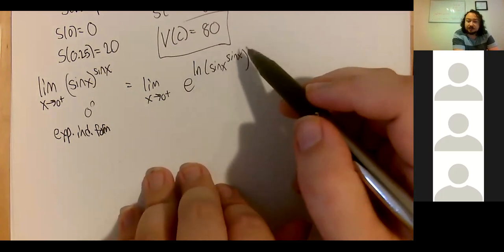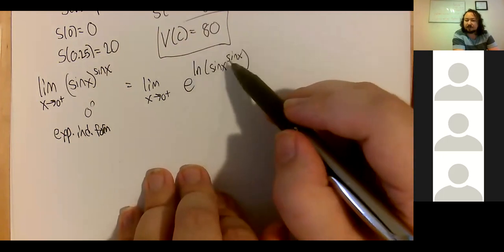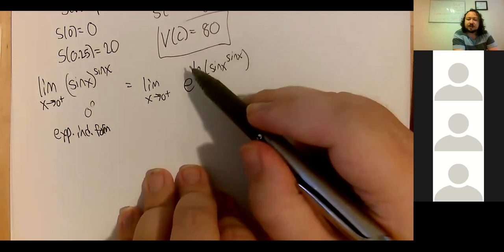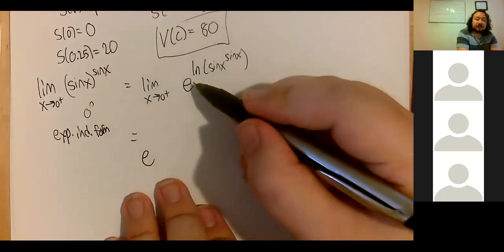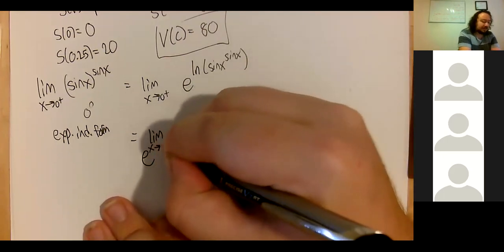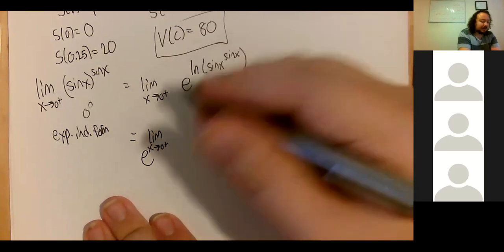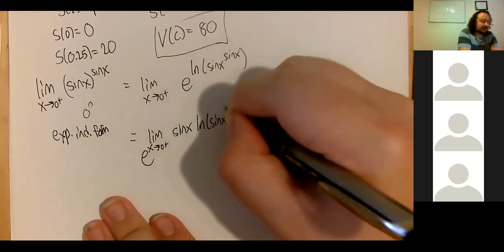The whole reason we do this is because we can exploit the log rule and have whatever is in the exponent come out to the front. Another thing I'm going to do is move the limit inside my exponent, which I am allowed to do. So I'm going to move the sine out front: sine of x ln of sine of x.